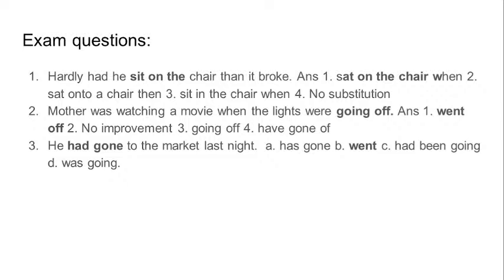Both the actions are in the past. One action has interrupted the first action. The first action was still live when the second action happened. That is why the first action has used past continuous tense already. The second one will be using a simple past tense.